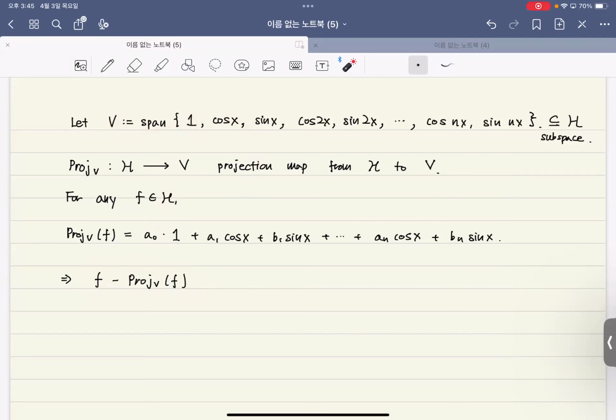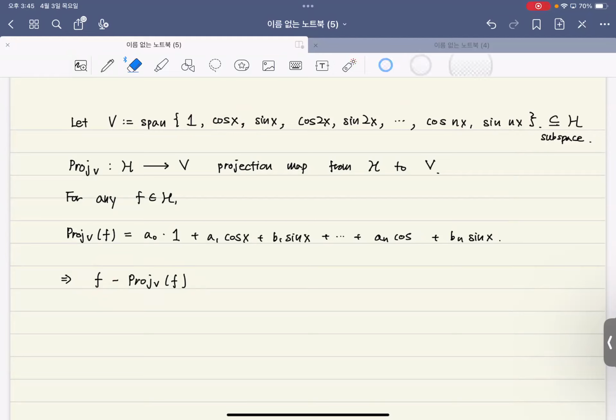Because the V component of f has been removed from f. Therefore, this remaining component must be orthogonal to each of these basis vectors. This is the idea.